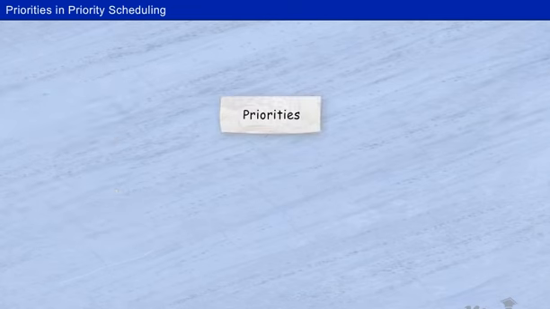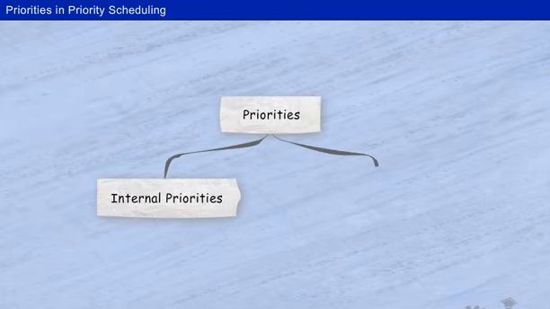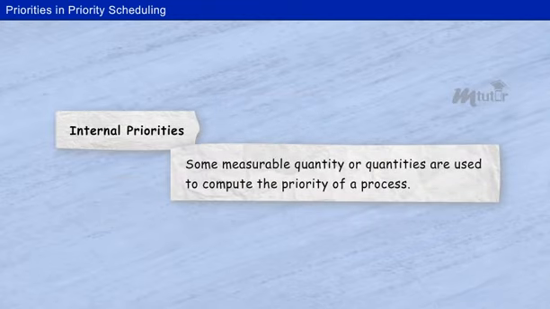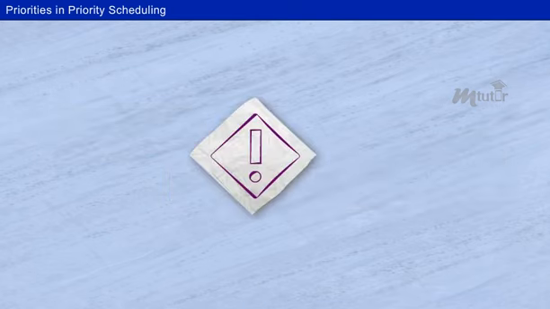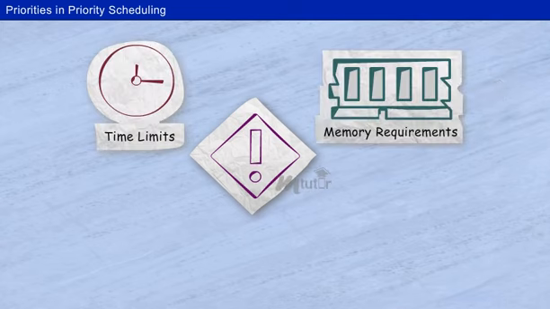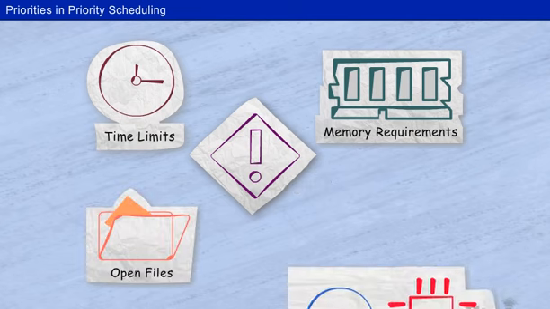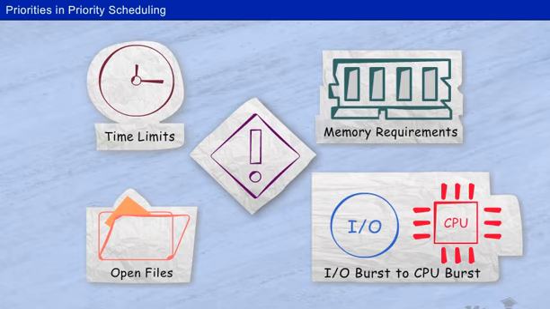Priorities can be defined either internally or externally. In internal priorities, some measurable quantity or quantities are used to compute the priority of a process. For example, priorities can be computed using time limits, memory requirements, number of open files, and ratio of average I/O burst to average CPU burst.